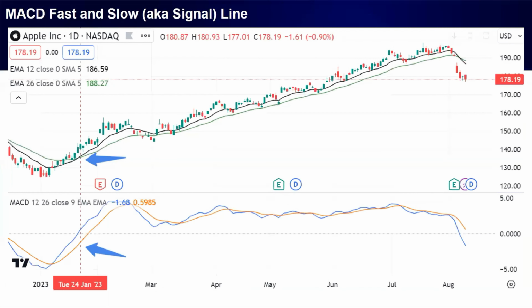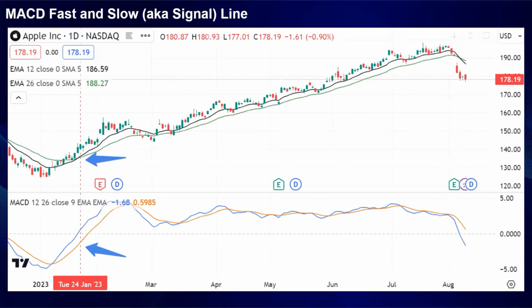How so? Taking a 9-day average of the fast line, we are looking at the average of the fast line. This gives us insights into how the space between the 12-day and 26-day average has changed over time.